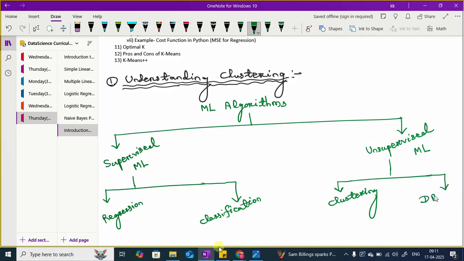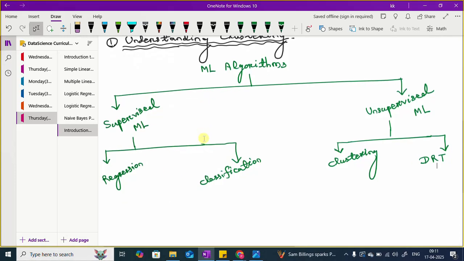In short, I'm writing dimensionality reduction technique. As part of regression, obviously we have seen simple linear regression, polynomial regression. All the things, I don't want to make it more complex. So let me write down the algorithms that we have covered as part of our class.